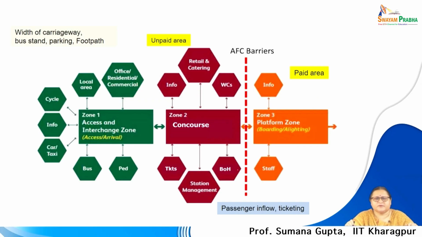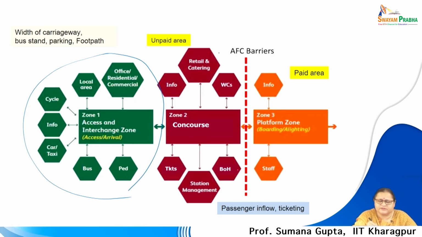So, you see this is the structure or the flow of the metro station. When you are coming from outside, you are getting off from a bus stand or a parking or a footpath or coming by cycle, and you are getting dropped off in an interchange zone, after which you enter into an unpaid area which is called the concourse, which may have shops, catering, station management, and you buy a ticket over here.